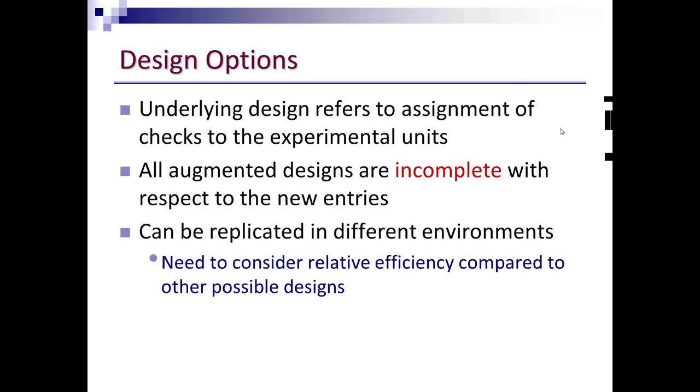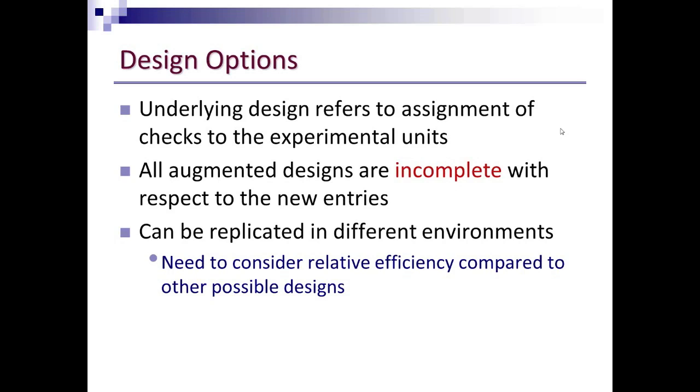It's important to remember that the underlying design refers to the assignment of checks to the experimental units. All augmented designs are incomplete with respect to the new entries, and so I think in some cases people may believe they need to use, say, a lattice design because they have a lot of new entries, but actually the important point is to consider how many checks you have in the experiment, for example.